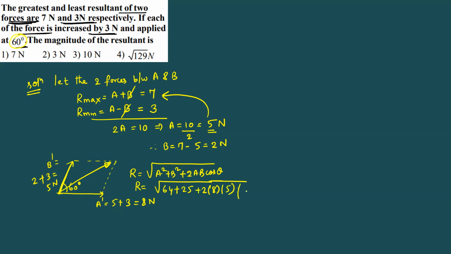Cos 60 degree, we know it is half. So 2 and 2 will cancel. 5 8s are 40. 40 plus 25, 65. 65 plus 64, root of 129 Newton. This is the resultant that matches with the fourth option.